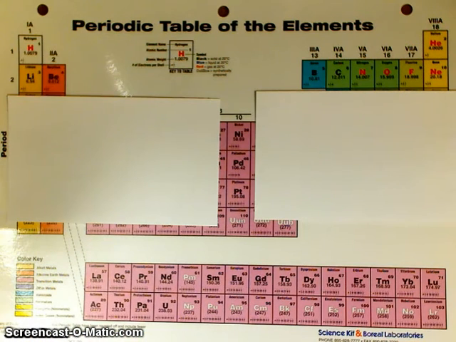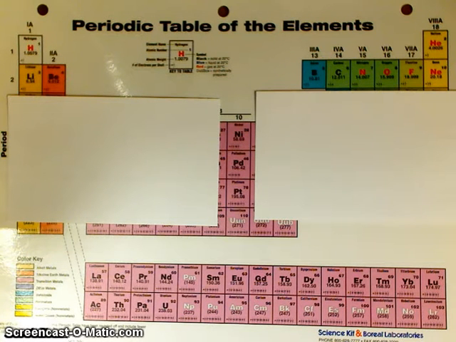And remember that the period or the row number tells you how many energy levels are being used. So lithium, nitrogen, and neon are all using 2 energy levels. So the answer is A. Number 14, vertical columns on the periodic table are known as families or groups. That's B.